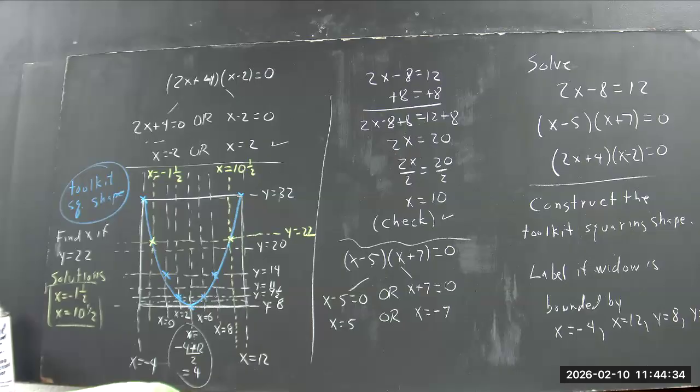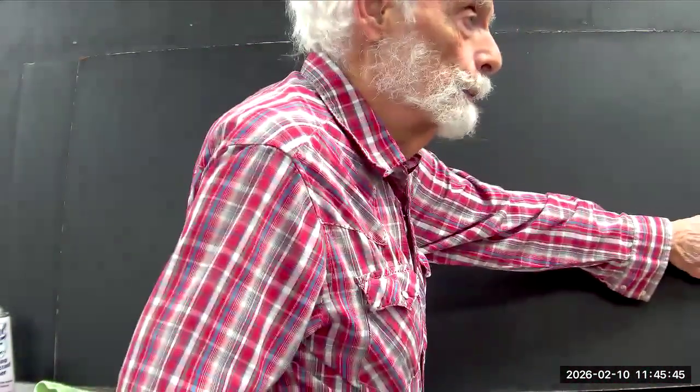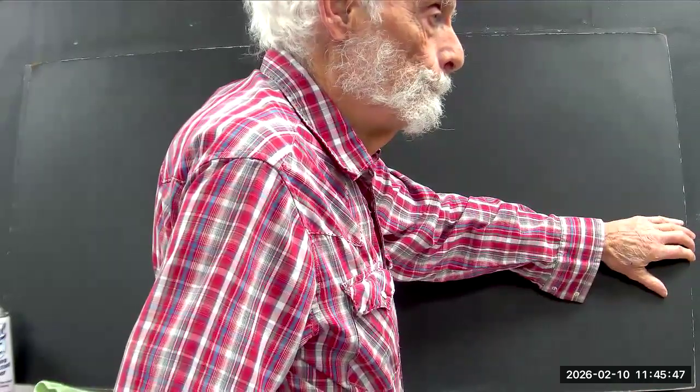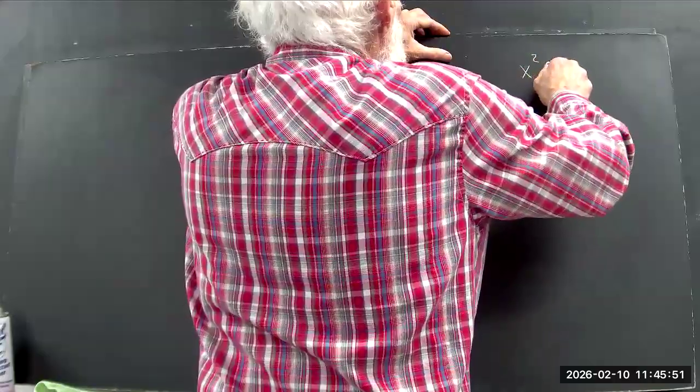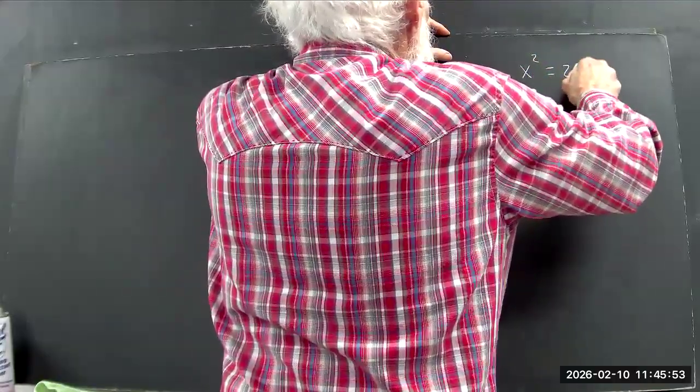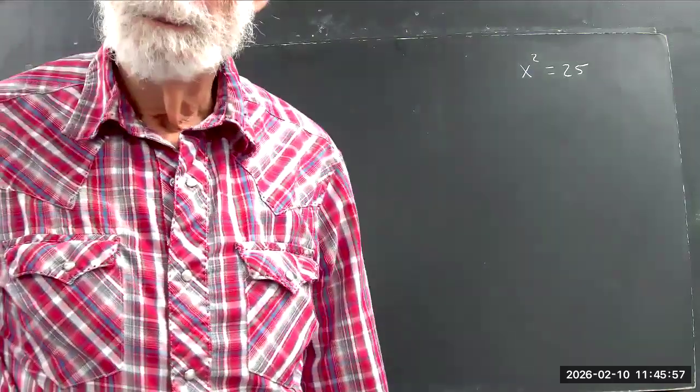Okay. Now, what I'm going to do is pretty simple, and you should be well prepared to do it. And I think you are. Let's just take the equation x squared equals 25. Okay?